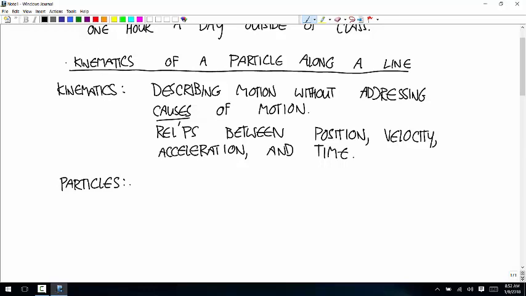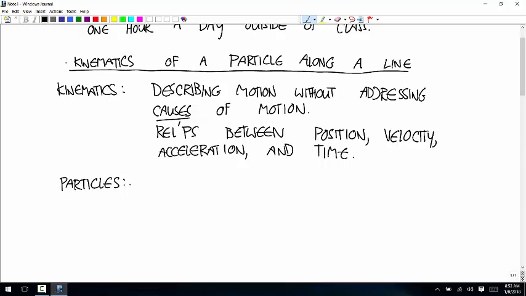So yes, small. The interesting thing is we're going to use the idea of a particle to describe a lot of things that by almost no measure are small. And so there is some truth to the fact that a particle is a small thing.